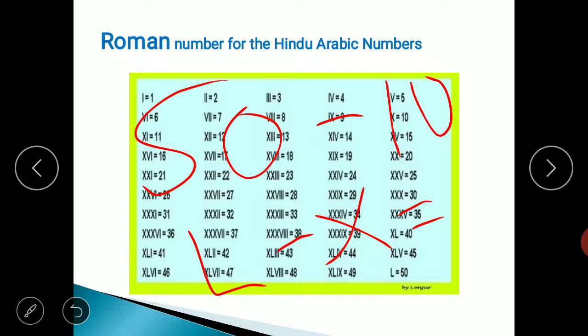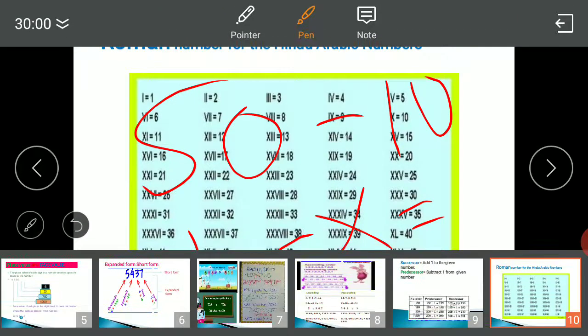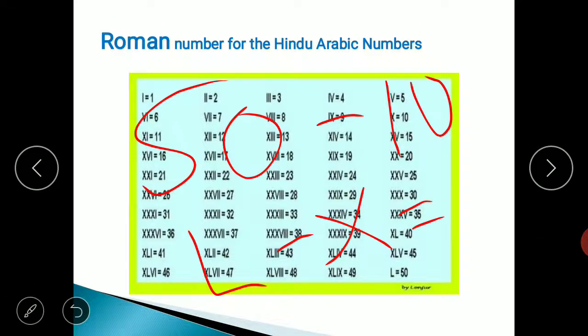Any number when you take it will repeat only 3 times. Let us see these numbers and how to write them. I have given one example here. Understand?